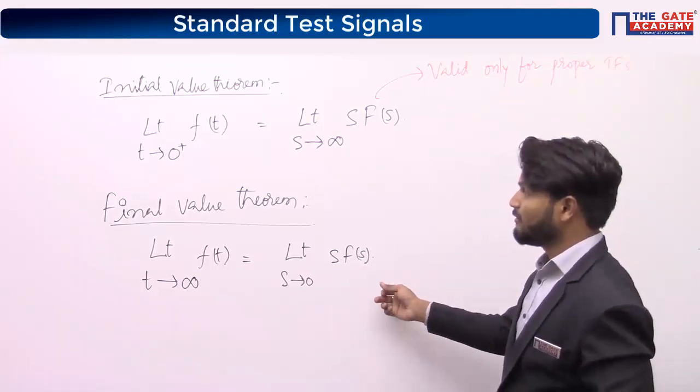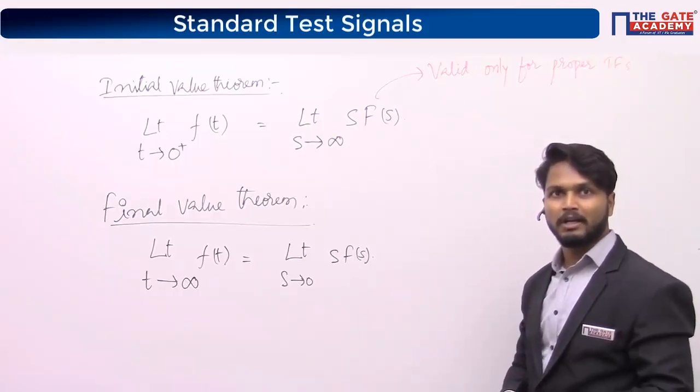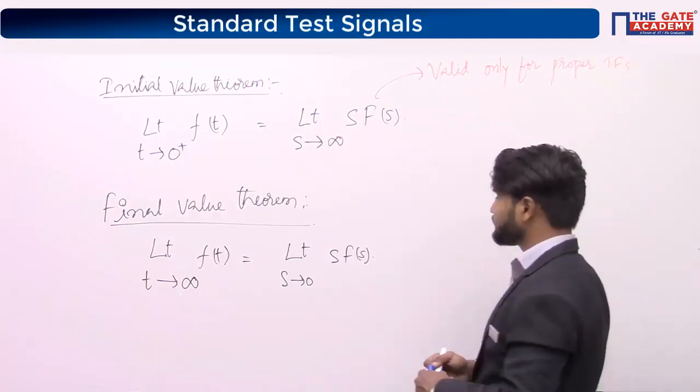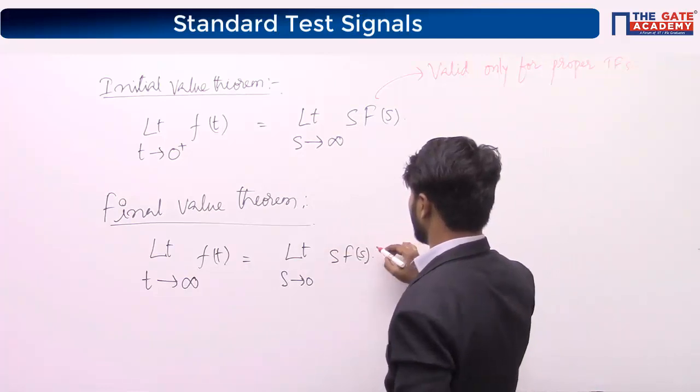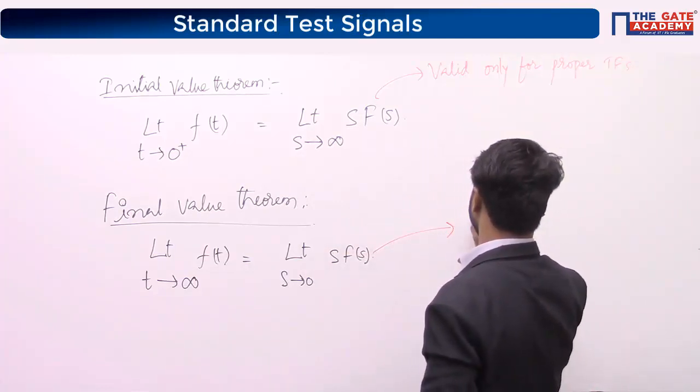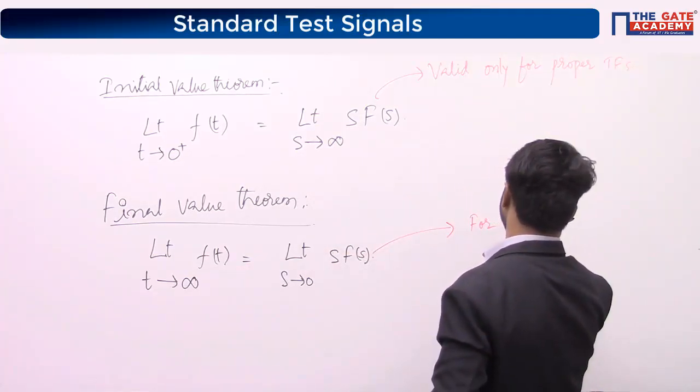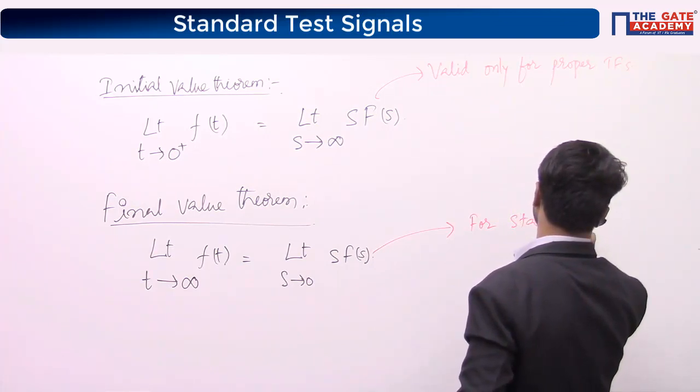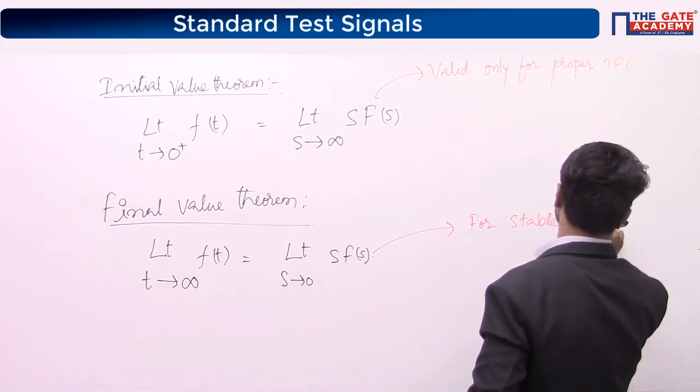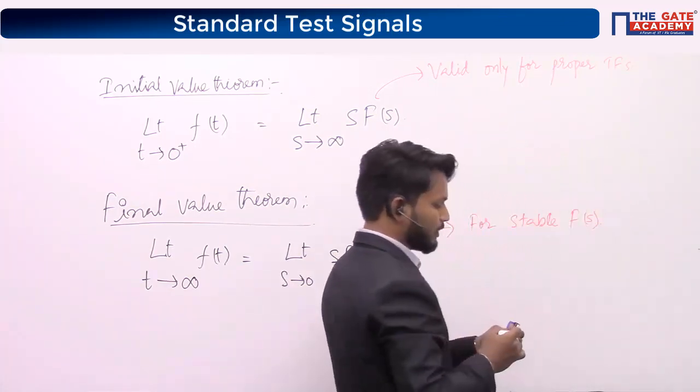Whereas the final value theorem, where is it valid? The final value theorem is valid for stable F of s. F of s must be stable.